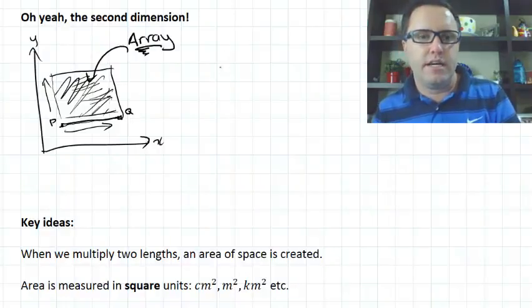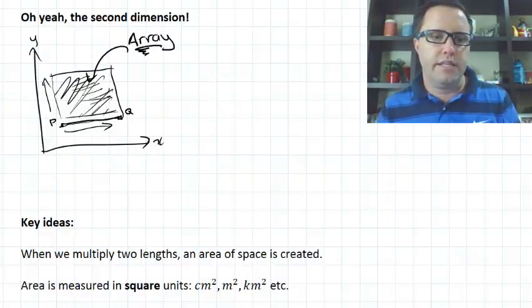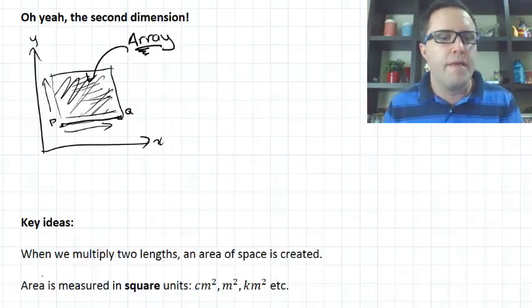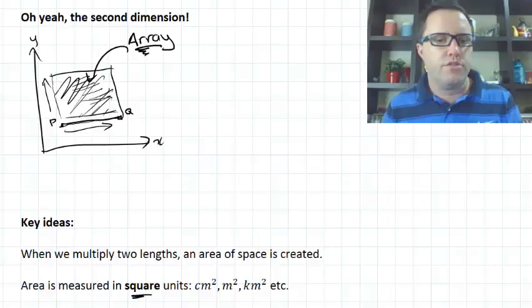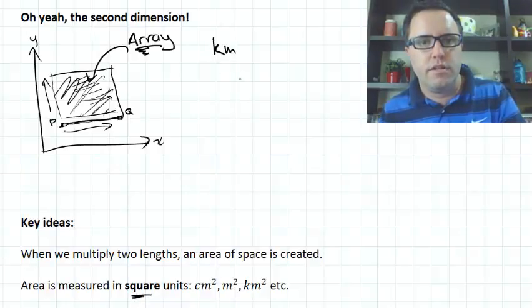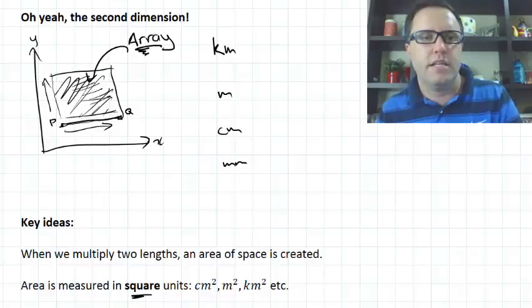And something quickly with these key ideas down here: when we multiply 2 lengths, an area of space is created as I've just shown here, but an area is measured in something called square units. And just quickly, although you won't be asked to do it this year, kilometers, meters, centimeters, millimeters, that little ladder that we had, and it was 1,000, 100, 10.